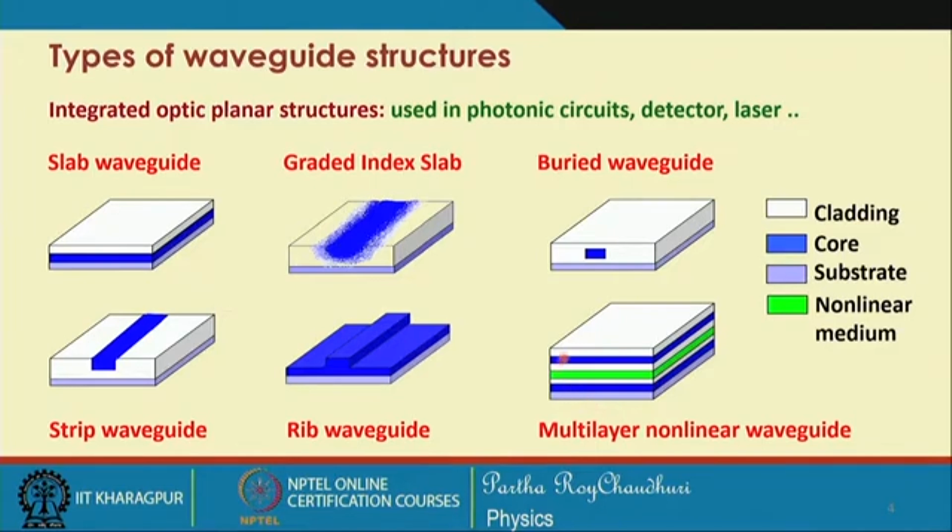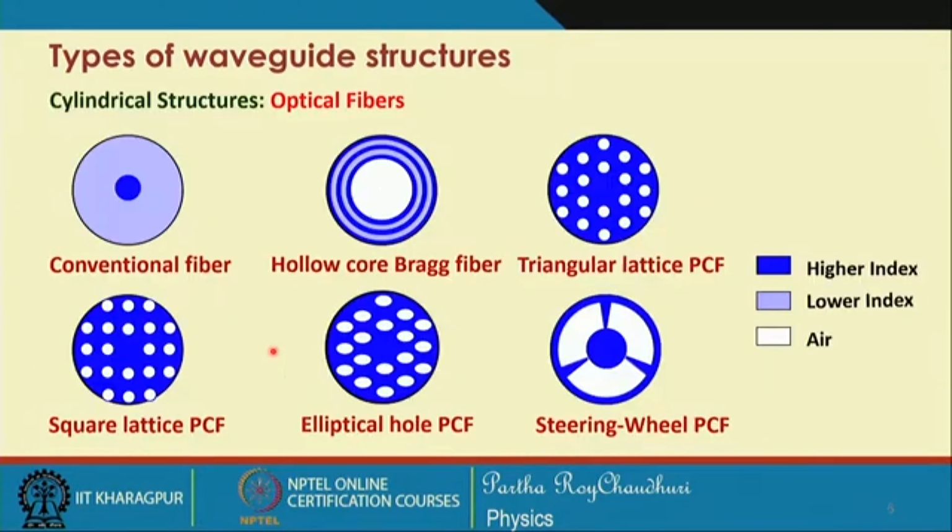These are of very particular importance in optoelectronic devices. But these are all step index profiles. This is the one which is graded index profile, and most of these waveguides are very often used in integrated optics and photonics.